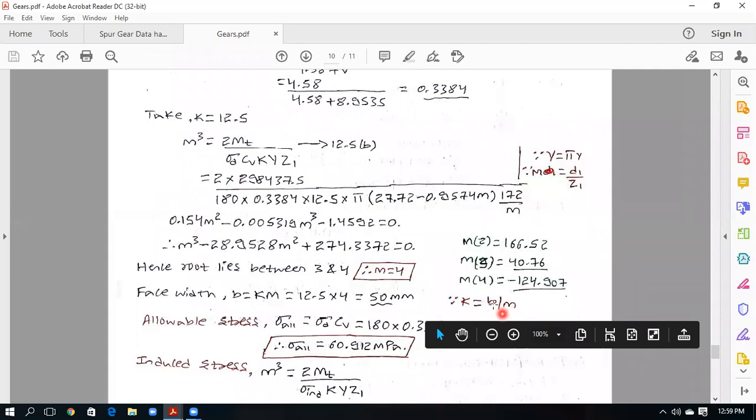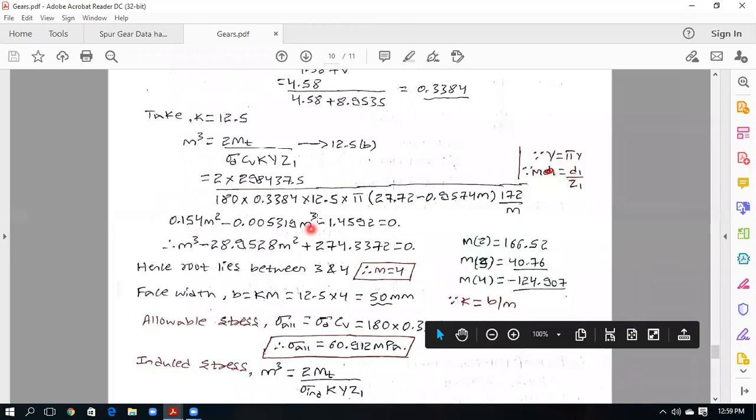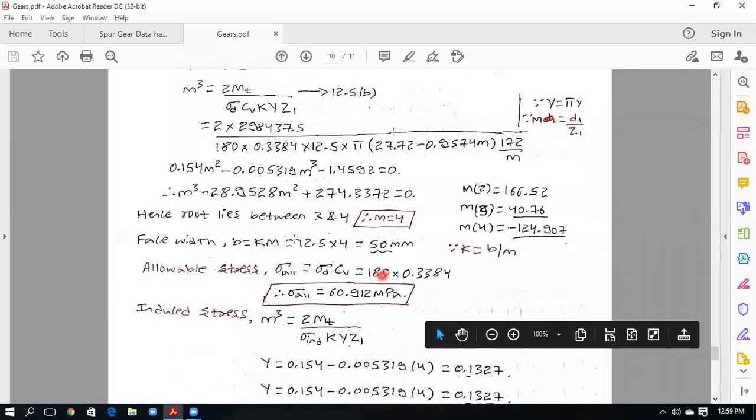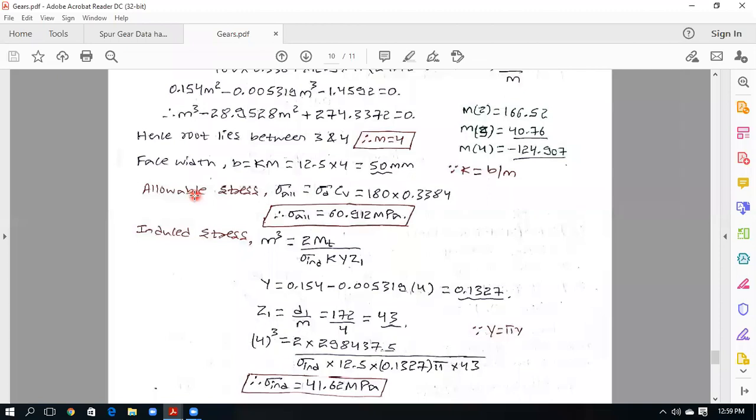Therefore, face width will be k into module. K is 12.5, and 12.5 into module, which is calculated as 4, will be 50. After that, you need to find out the allowable stress and induced stress.